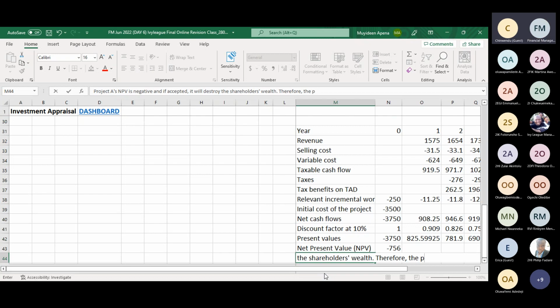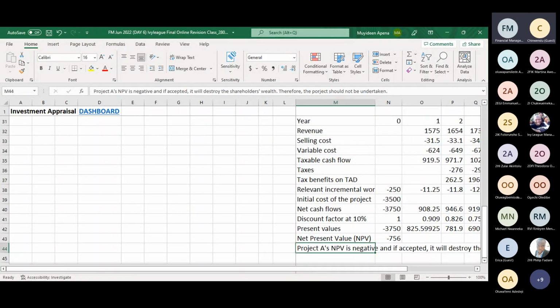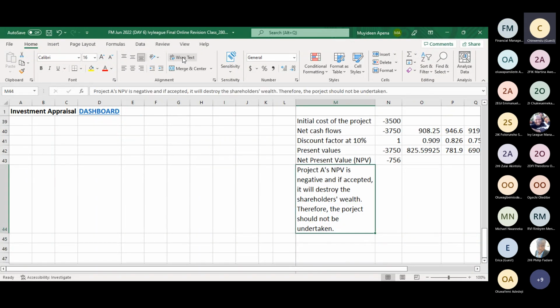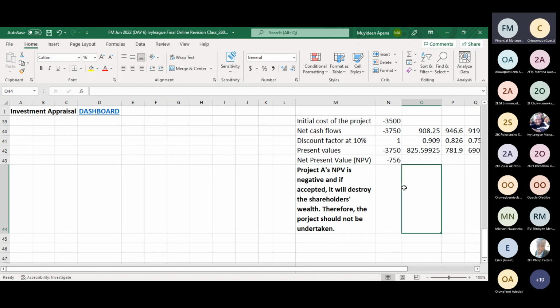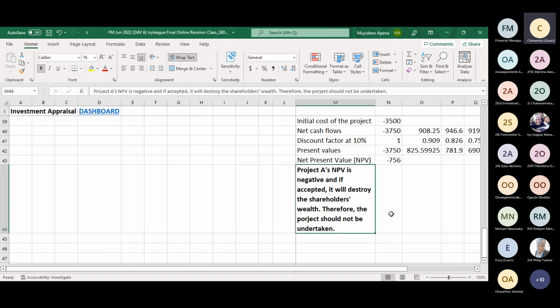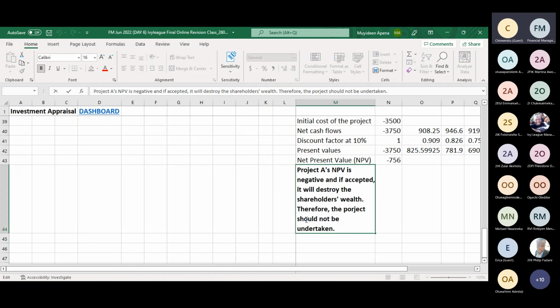The project should not be undertaken. You can use your own language, it's not a problem. It's not compulsory that you use 'undertaken'. So this is a good comment.